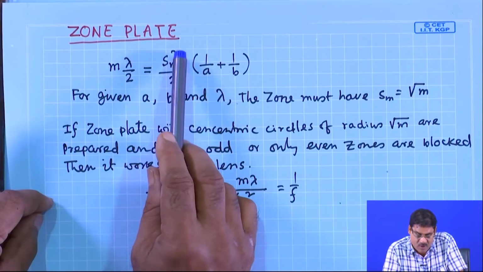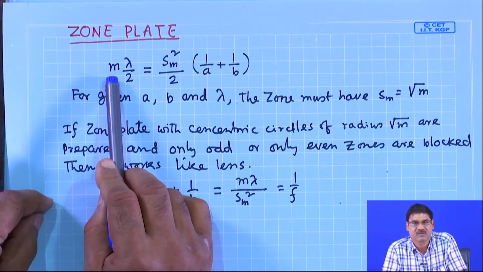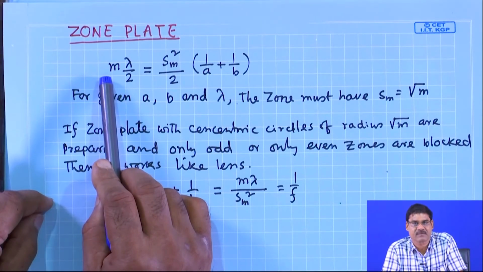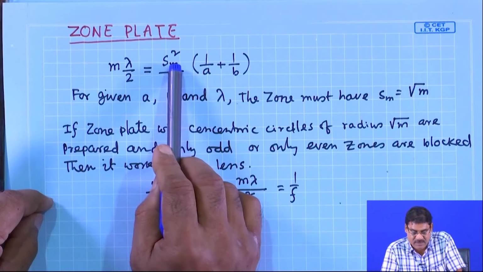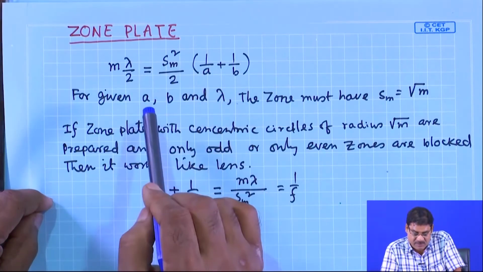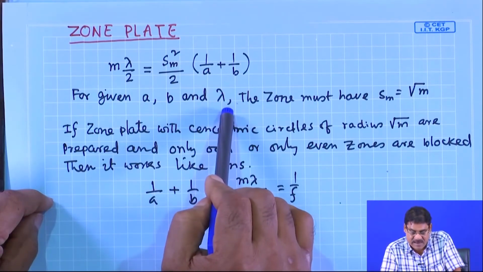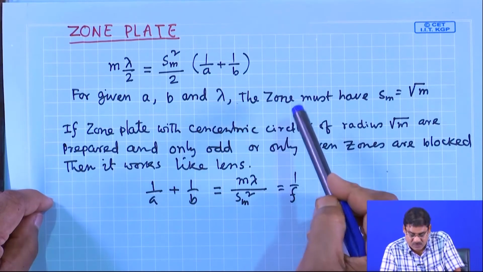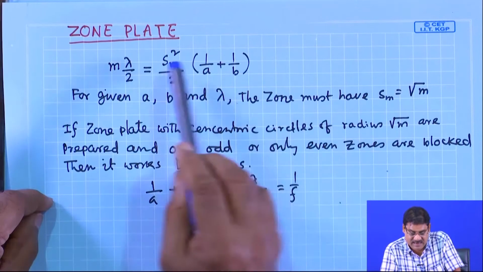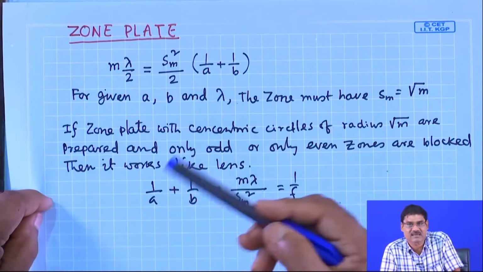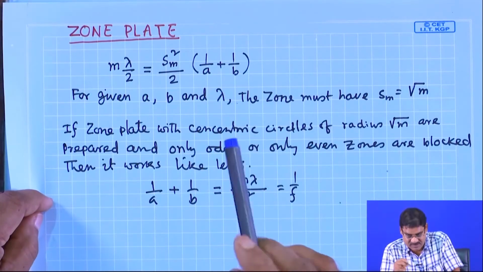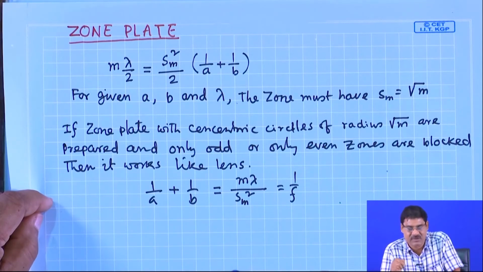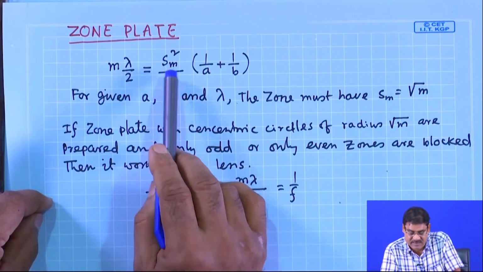These are constants, so Sm square is proportional to m. So for a particular A, B and lambda we can construct zones. Sm is the radius of the concentric circles.